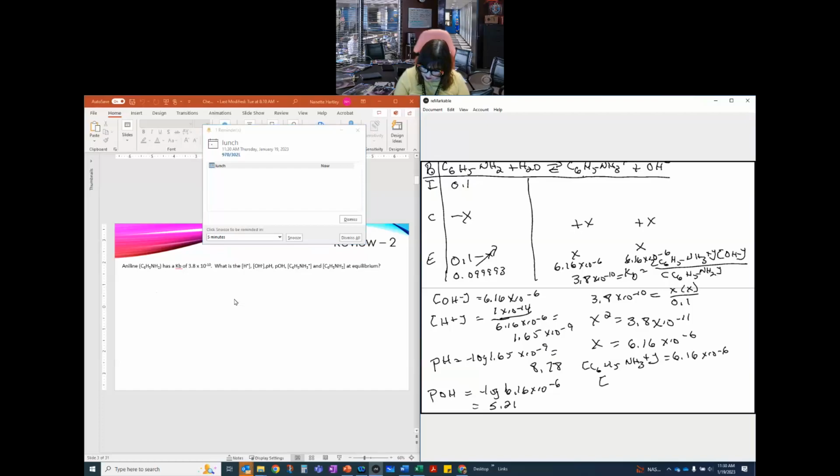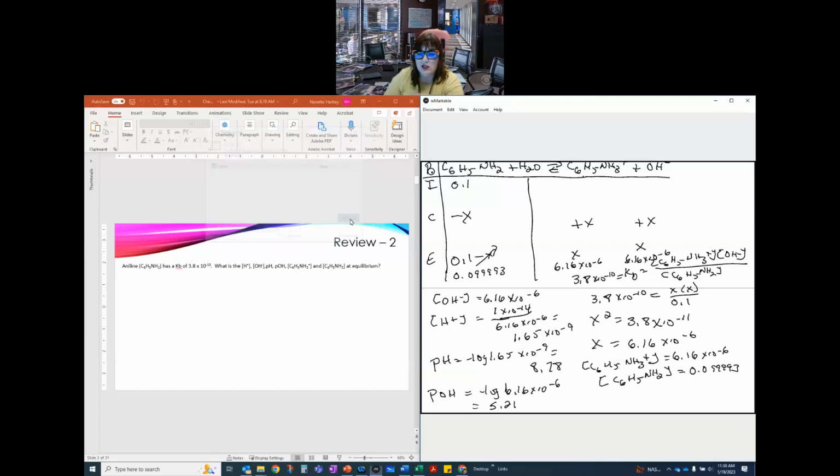And the concentration of C6H5NH2 is equal to 0.099993. Now again, it really shouldn't have all of those decimal places, but we're going to keep those just to show that it is actually not 0.1. Okay. So the math is a little more pleasing when we have more figures.